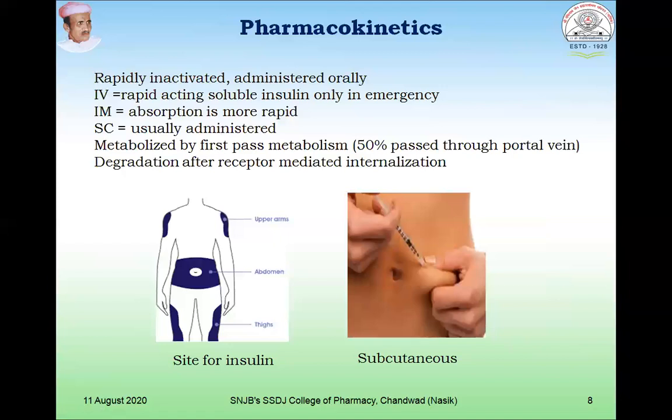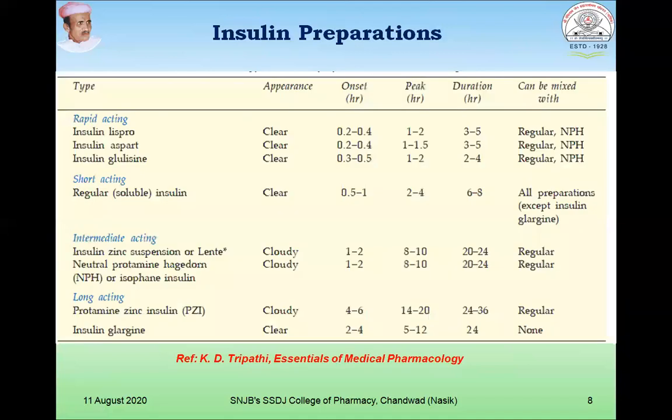The intramuscular route is also a route of choice in some cases. Then insulin is metabolized by first pass metabolism, so 50% passes through the portal vein, and degradation occurs after receptor mediated internalization, as we have seen in the mechanism of action of insulin.